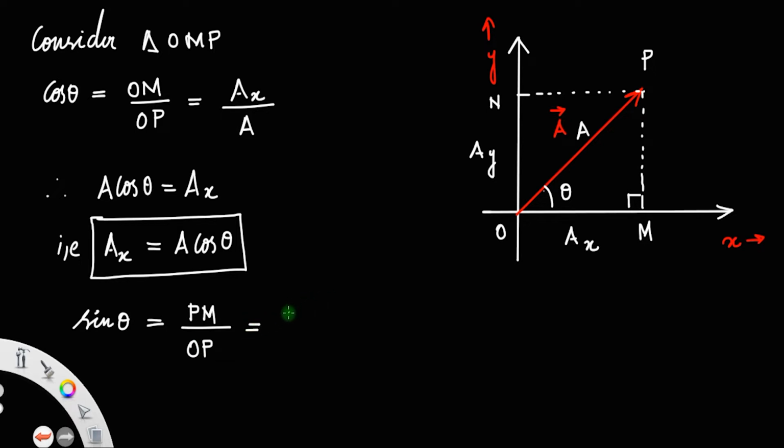And PM will be, if ON is equal to AY, then PM will definitely be AY. So sine theta is AY divided by A. Therefore, taking this A to the left, you get AY is equal to A sin theta.